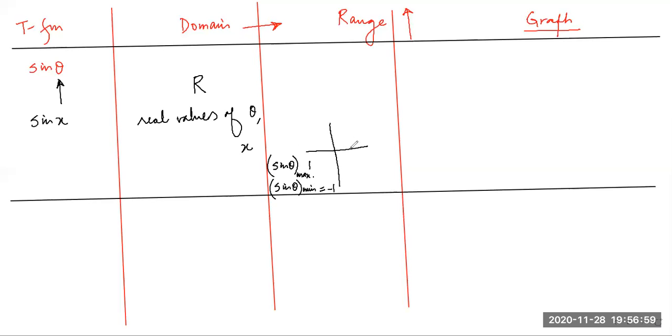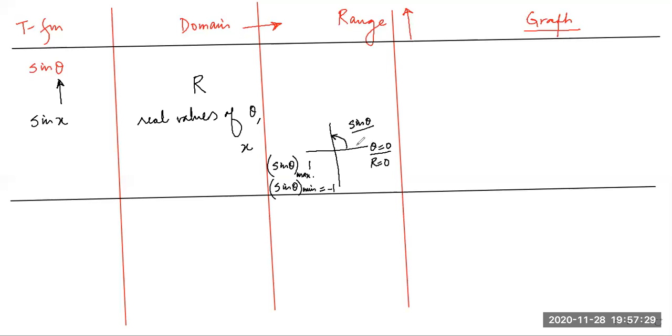See how it comes. So we'll take theta in anti-clockwise direction. If theta is 0, this is our domain, the input value, and the corresponding value for the range here would be 0 because perpendicular is 0. As theta is increasing, sine theta is also increasing.